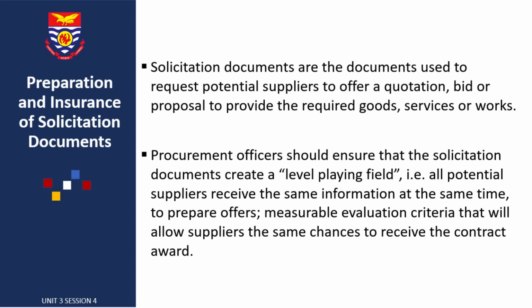So these documents should provide the same information for supplier A, B, C, and all other eligible suppliers. At the same time, they should set measurable evaluation criteria that give suppliers the same chance to receive the contract award. So basically, solicitation documents should under no circumstance favor one supplier over another.